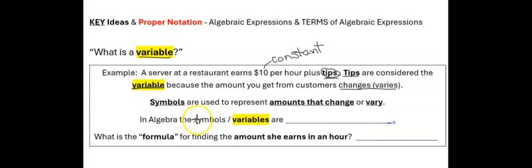Okay, so in algebra, these symbols, variables, are typically letters. We typically use letters to represent unknown amounts. So if I'm using a letter for this, I would probably use T for tips.